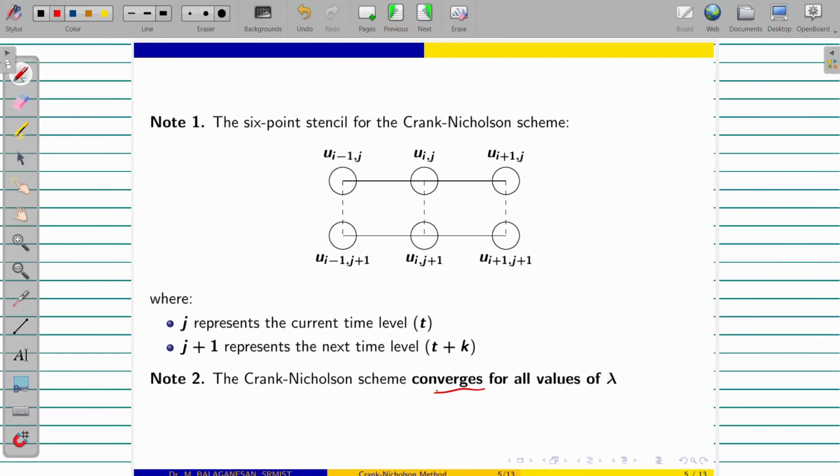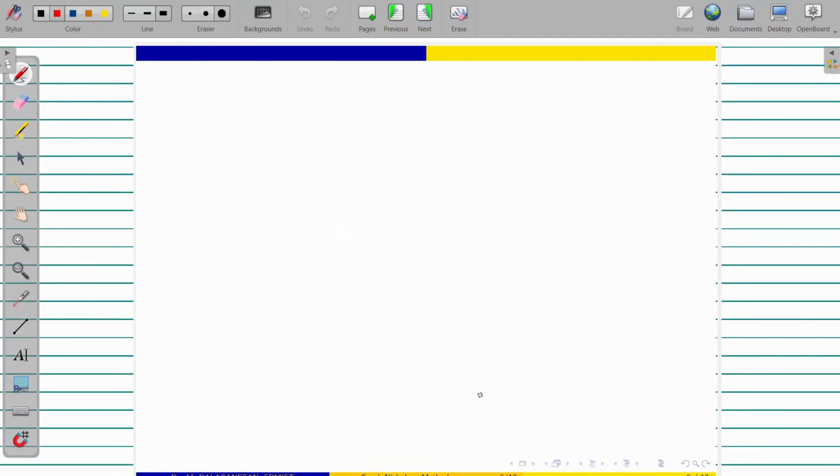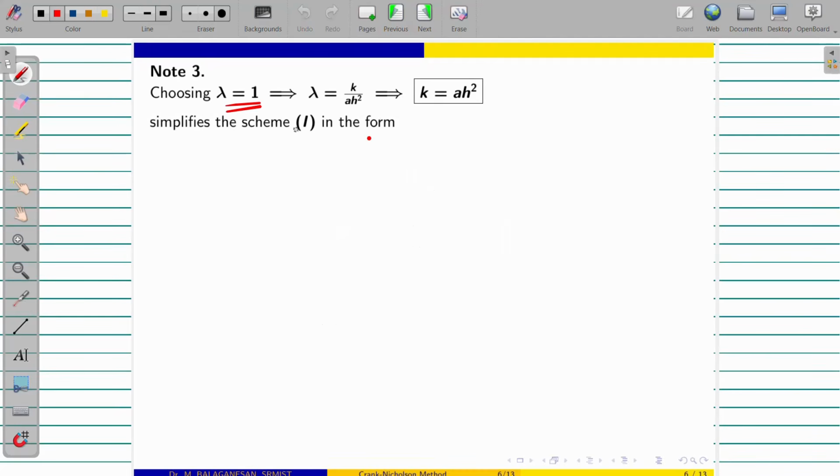That is the important thing. It will come in MCQs. So that's why they are choosing lambda equal to 1, which implies lambda is what?